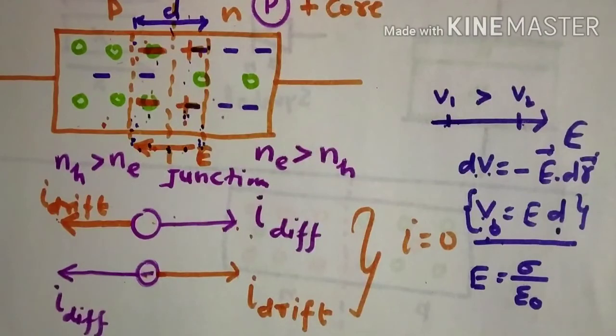That connection is called biasing of the diode. So now we will study what the types of biasing are and how a diode is connected or biased.